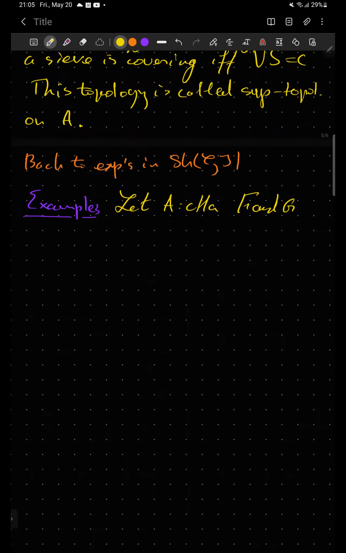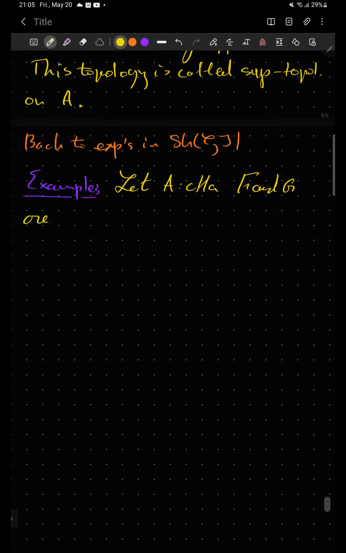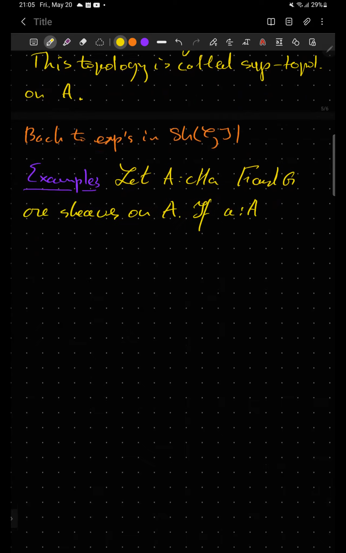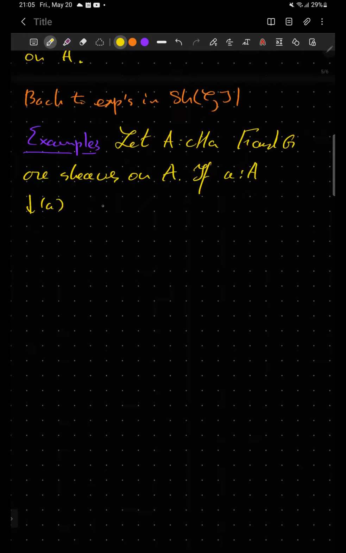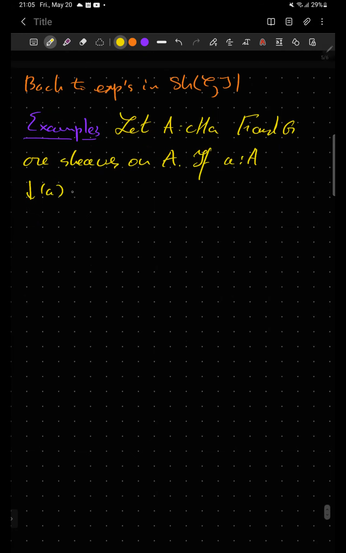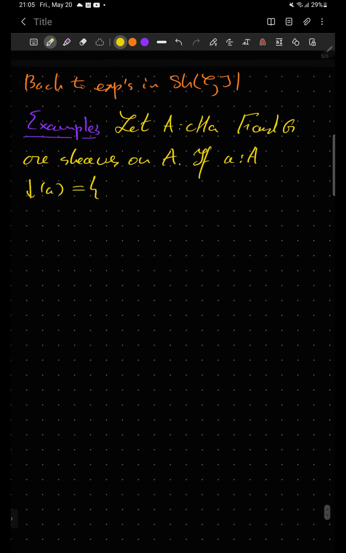F and G are sheaves on A. If a is an element of A, then we can define an ideal generated by this element, which is basically a maximal sieve on the element a.